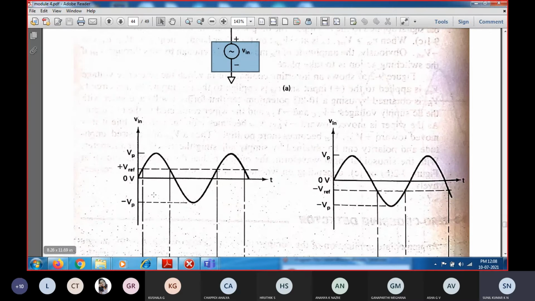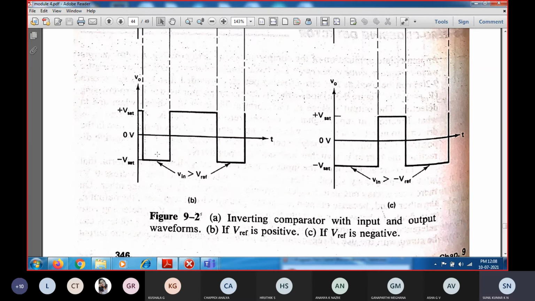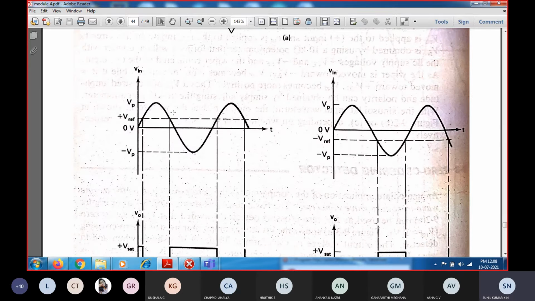Whenever the input crosses the reference, you can note down that point voltage and say that it is the unknown voltage. So we can easily note down the voltage of the unknown and of the reference voltage. This circuit is an example of a non-inverting type of comparator.